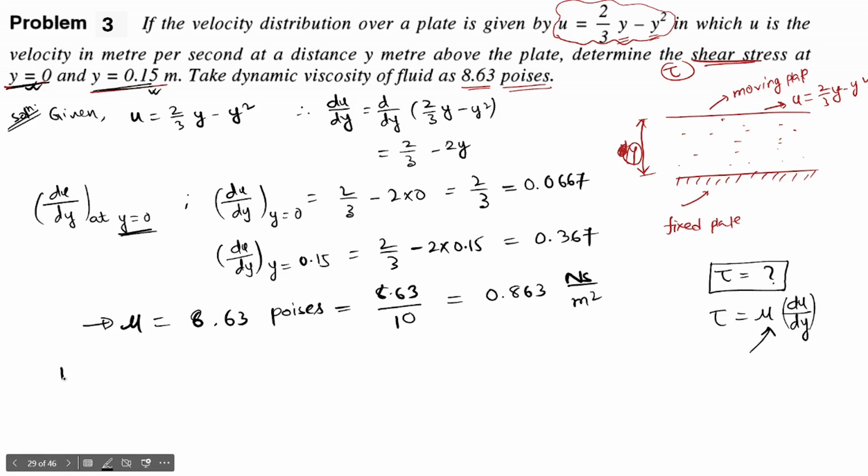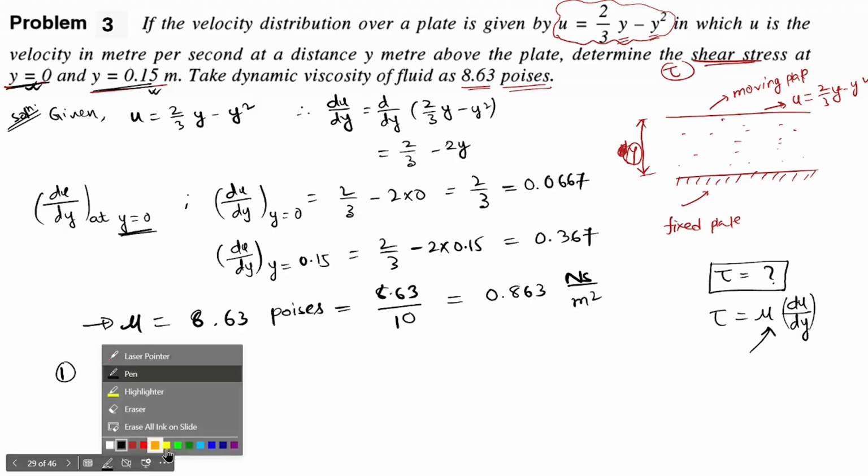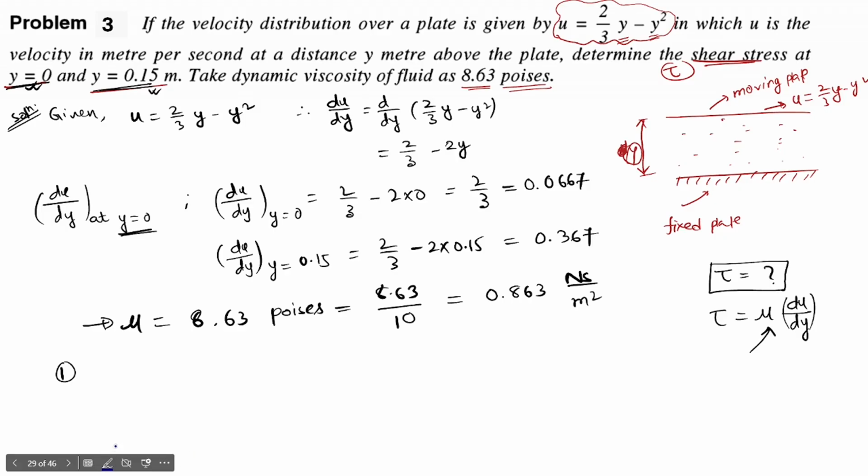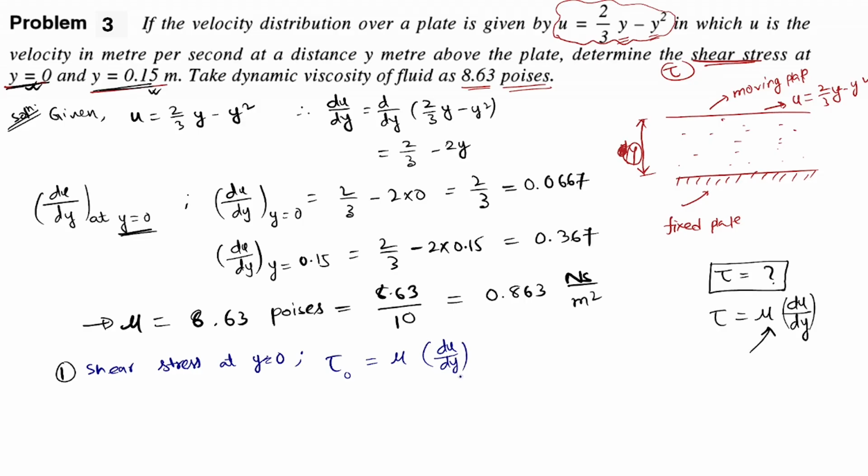Now I will calculate number one: the shear stress at y equal to 0. Shear stress at y equal to 0 will be tau at 0. Tau at y equal to 0 is equal to mu du/dy at y equal to 0.